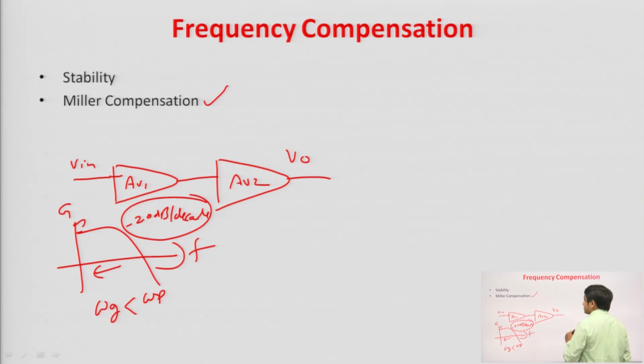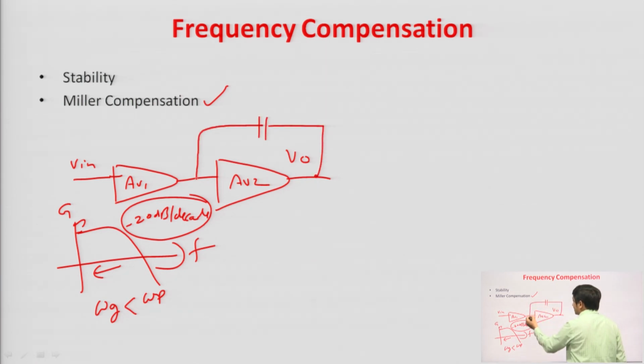We connect a capacitor between the output and the input of the second stage. This is the capacitor C c, the compensation capacitor. What is the role of this capacitor? Due to this capacitor, it exhibits Miller compensation.